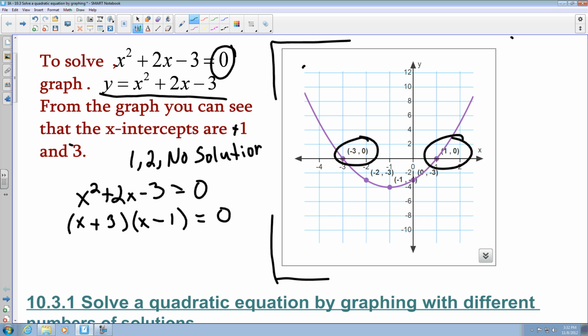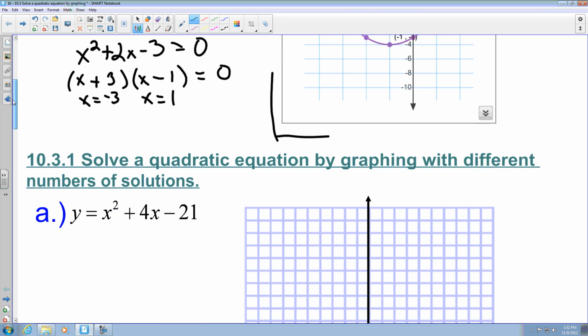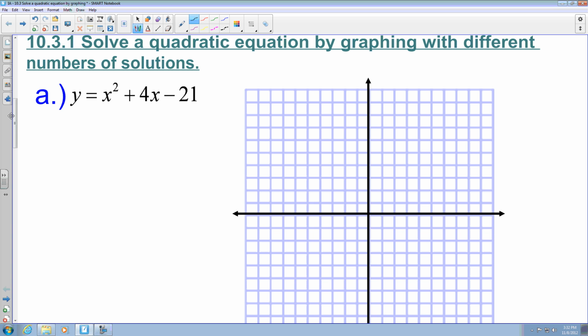And so we use the zero product property to find what x should equal. So x could equal -3 and x equals 1. And that shows up here and that shows up here. So we have to use those methods in order to solve quadratic equations.